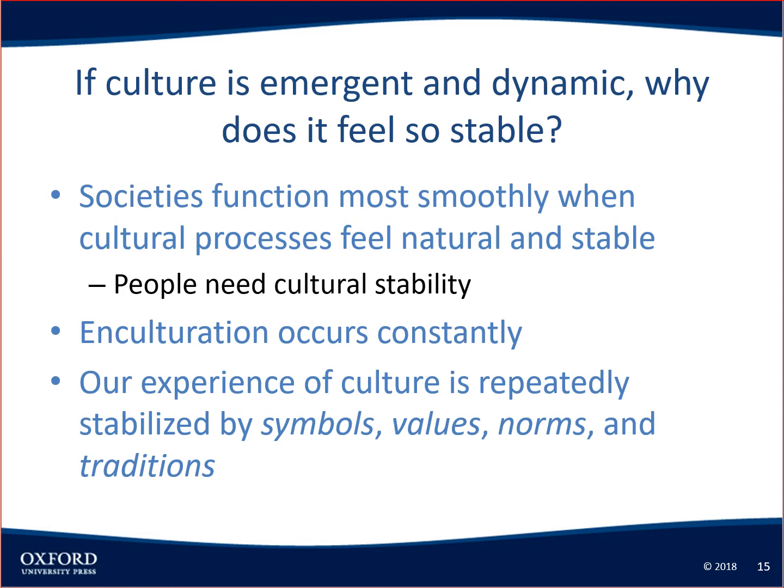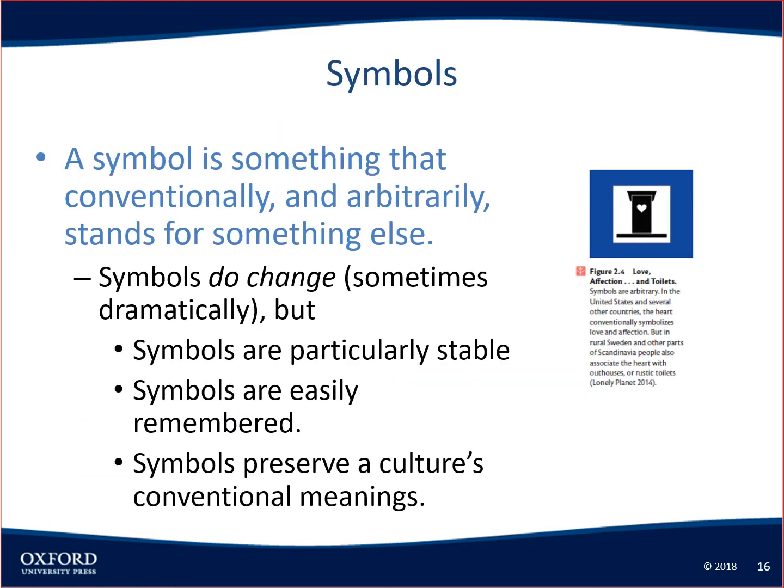It might start at birth, but it doesn't end until you do. So the experience of culture is repeatedly stabilized by symbols, values, norms, and traditions. These are the ways in which we constantly recreate our culture. Symbols.